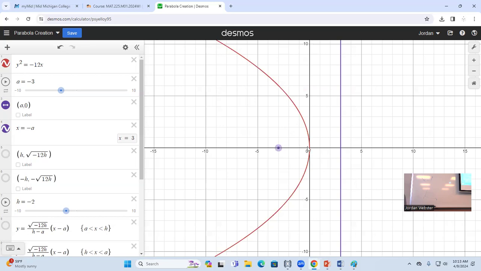It is -3 units away from the vertex. The directrix is also 3 units away from the vertex, but in the other direction. And you can see that the directrix is actually the entire line. So the directrix is the line, in this case, x equals 3.